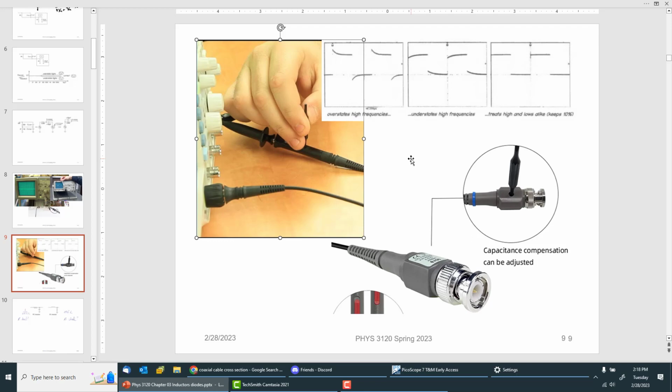Now, there's a variety of screwdrivers on the table there. Yeah, this one here will accept a slotted screwdriver. And what you do is, now, let's take a look here. Well, I have never done a probe compensation on this.